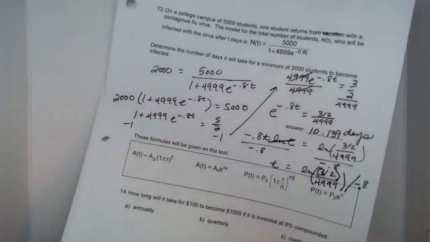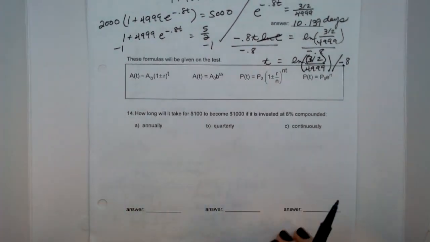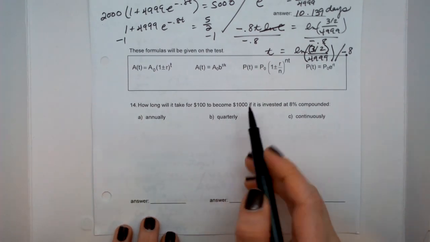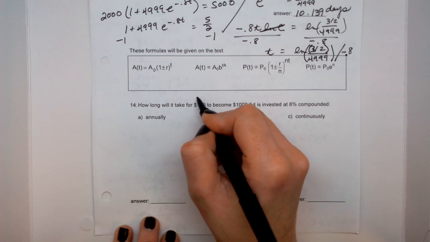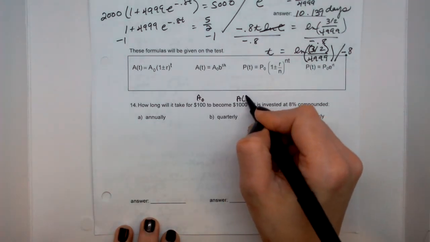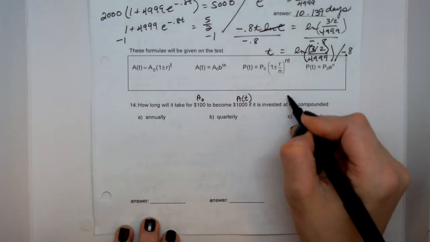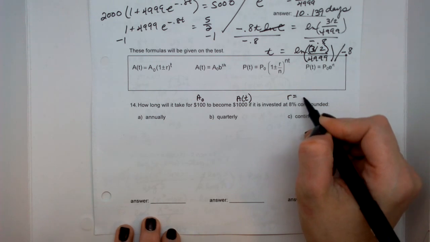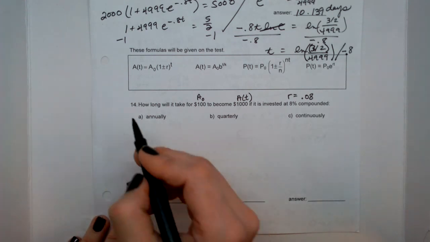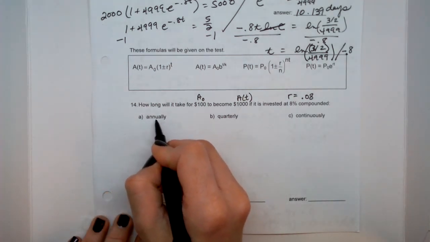Okay, on number 14, let's see, we have compound interest. It says how long will it take $100 to become $1,000. So 100 is your initial amount, your a sub 0, and your 1,000 is your amount after time. I want to know exactly what time is when the interest rate is 8%. So remember that you write that as 0.08. You have to move your decimal. Okay, for annually compounded, the number of compoundings per year would be 1.